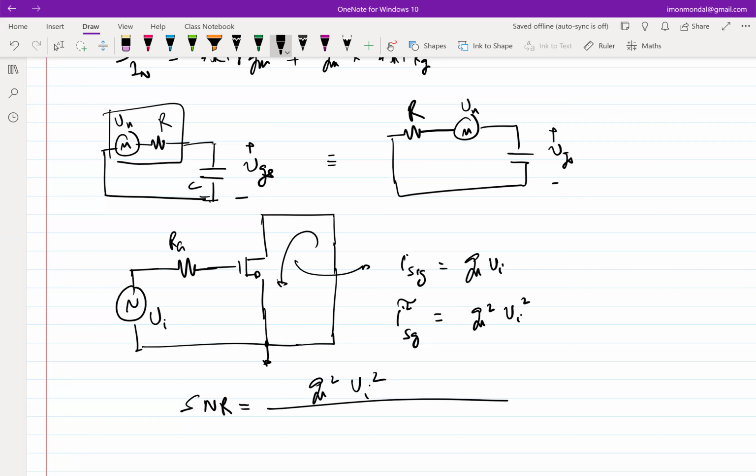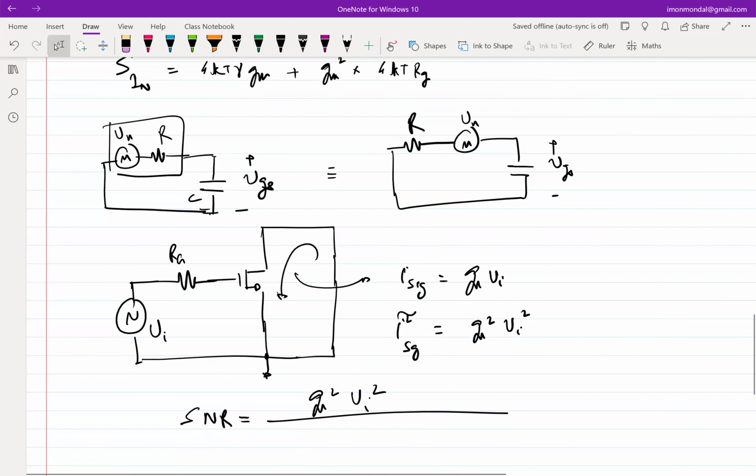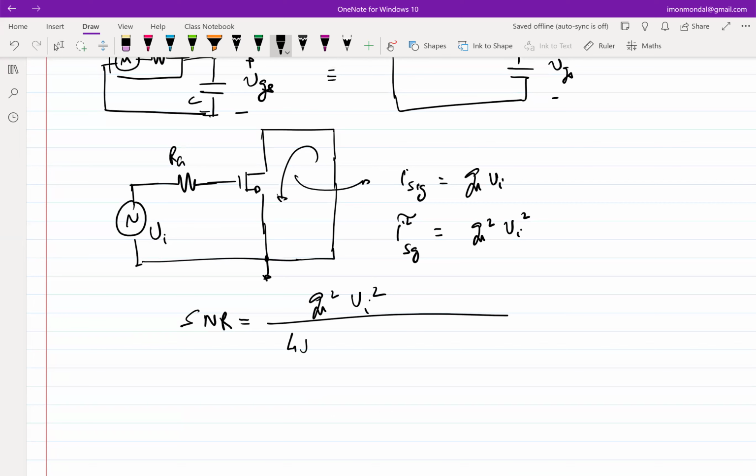I'll just do GM squared VI squared divided by whatever I got for the total noise, right? So that is 4kTγGM plus GM squared 4kTRG, right?